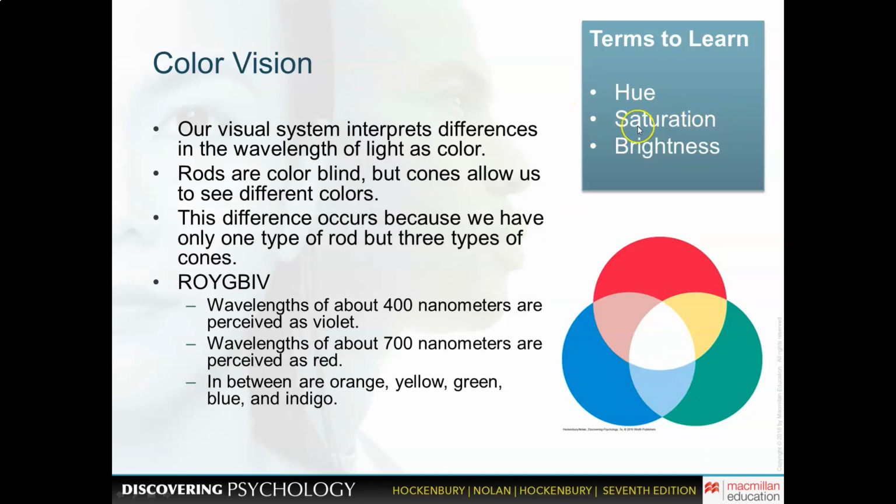And third, we have brightness, which just means the amount of light reaching the eye, which causes us to see colors at a certain level. We typically say, that's a very bright blue, or a very bright red, or a dull green. That's what is referred to as brightness. Okay, let's move on.